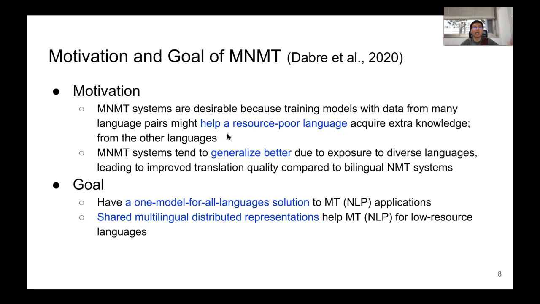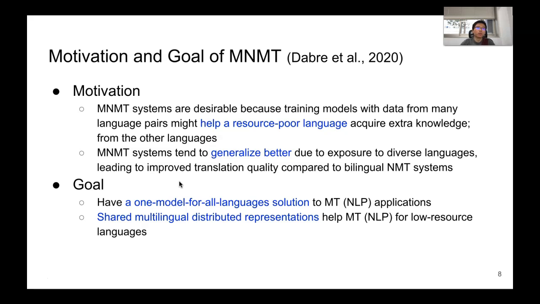Let's say high-resource language pairs, if you train them together with the low-resource language pairs, they can be helpful to improve the performance of low-resource language pairs. That's one motivation. And another motivation of MNMT is that MNMT systems tend to generalize better due to the exposure to diverse languages, right? It can lead to improved translation quality compared to bilingual NMT systems.